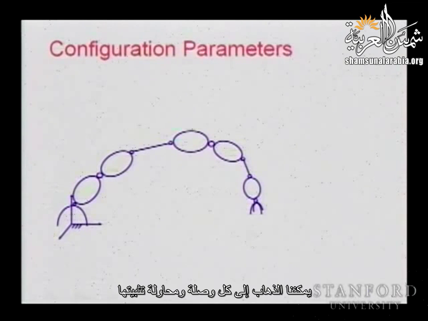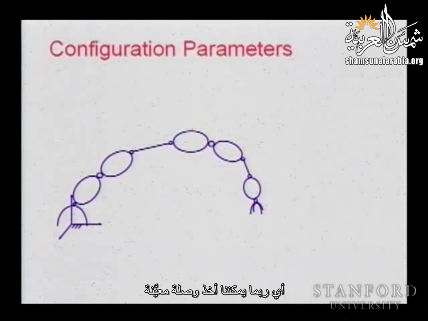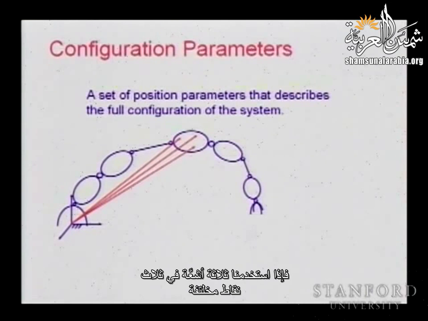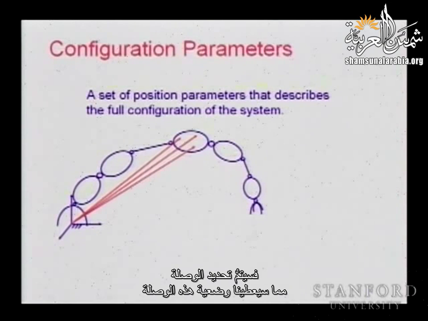We can go to each link and try to fix that link. So we can take maybe a given link and say we're going to locate this link with several vectors that lock it there. So if we use like 3 vectors at 3 different points, the link is defined. And that would give us the configuration of that link.